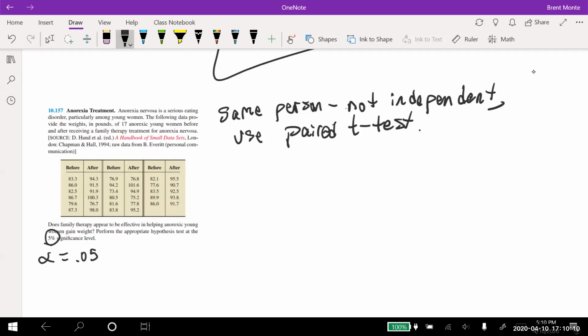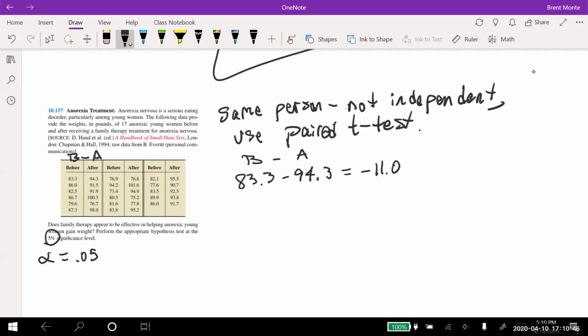So in the calculation, okay. But now here's what we're going to do. We're going to subtract again to get the differences, but I'm going to change this a little bit. I'll show you why. If I do before minus after, notice if I just look at that first one, 83.3 minus 94.3, if I do it in the order we did last time, I'm going to get a value of negative 11.0.